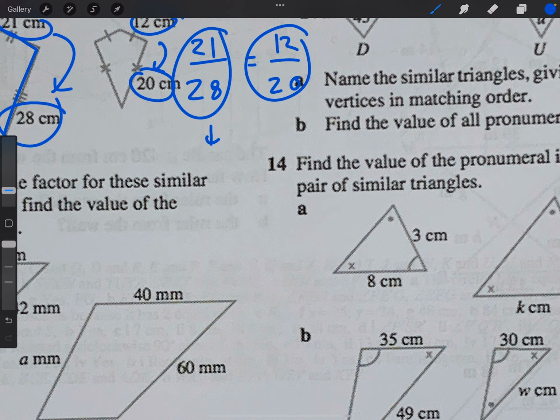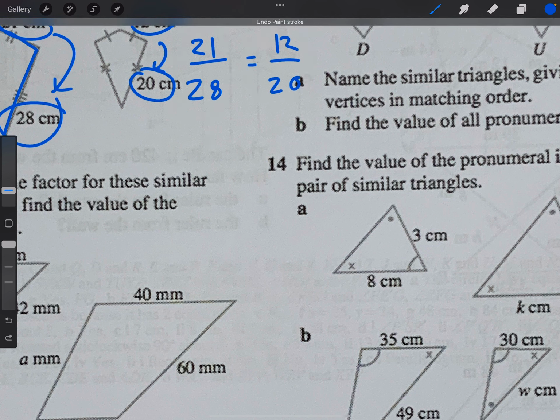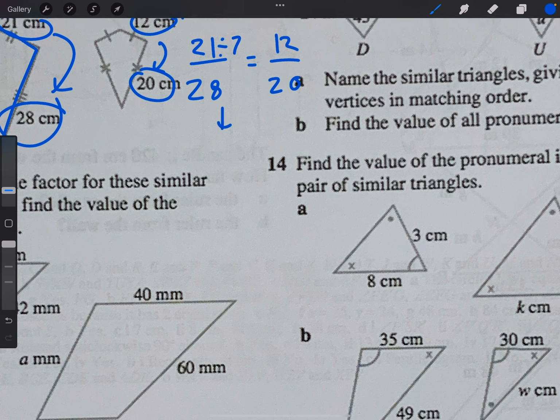Simplifying that one, I can divide this by 7, and divided by 7. So I'll get 3 over 4, and divide this one by 4, and this one by 4.